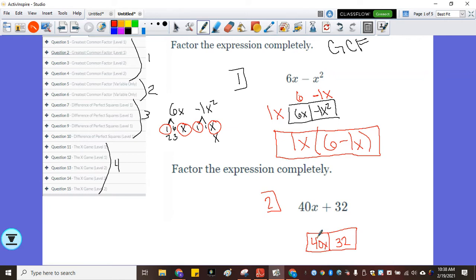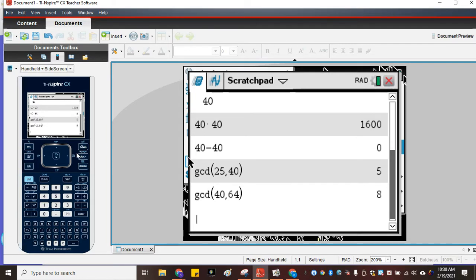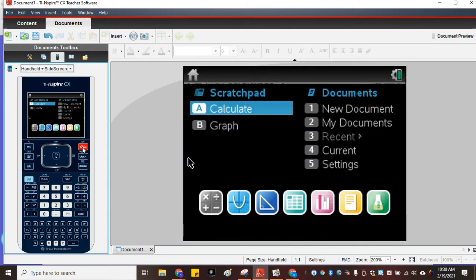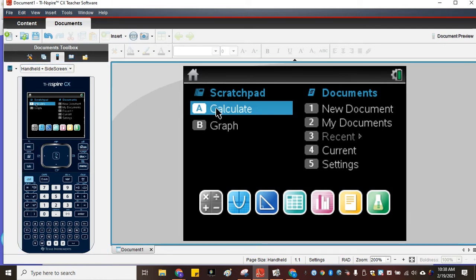So you can do it with the calculator or without. With the calculator, hit the house button, home. There's a button on the calculator that's a house. If you click that button, then you can go calculate.